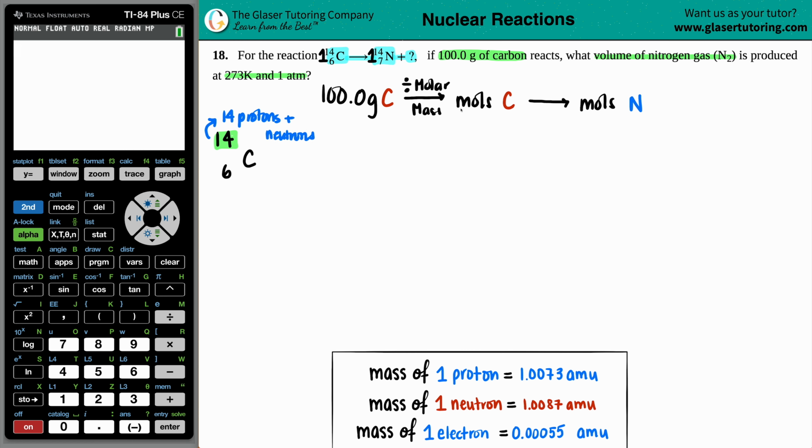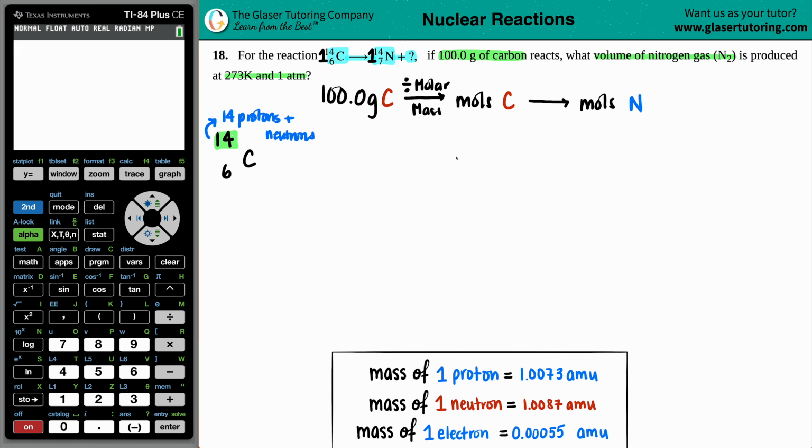Some of you might say, hey, we could just divide by 14 because that's the molar mass. Let's be a little bit more specific. If we know the total number of protons, neutrons, and electrons, we can get an even more definite mass for carbon-14, because each proton, neutron, and electron has a little bit more mass than just one, and the electrons do give a little bit of mass.